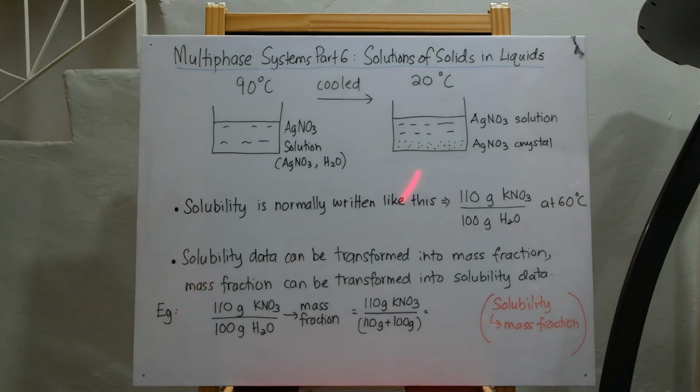What's interesting about this solubility data is, from solubility, you can transform it into mass fraction. If you need to do a mass balance of a crystallization process, and you are not given a mass fraction at the inlet or outlet of the crystallizer, but you are given solubility data, you can use it to transform into mass fraction.